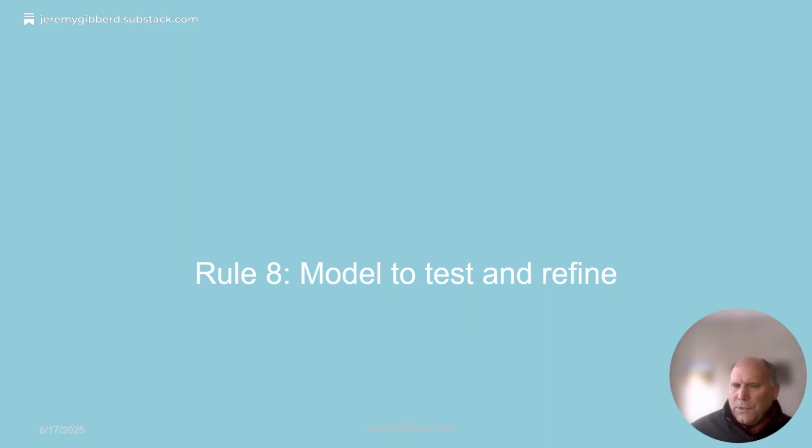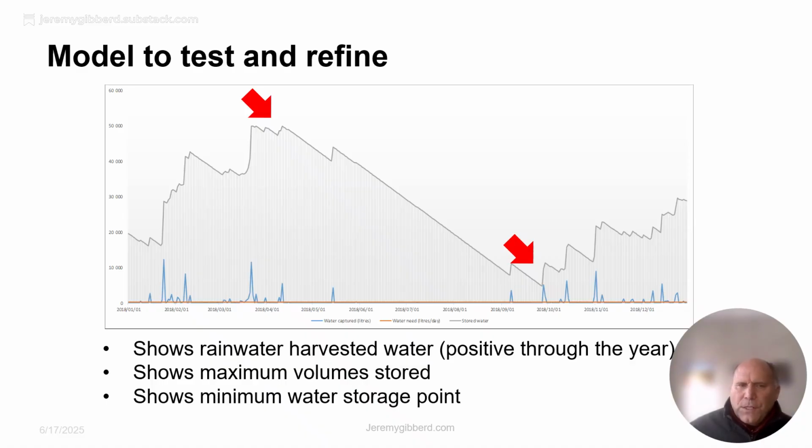Model to test and refine. This is where you use a slightly more sophisticated tool and allows you to actually track the volumes of water in a rainwater tank or sets of rainwater tanks over time. And you can see here rainfall at the bottom and what then happens to the volumes of water in the tank.